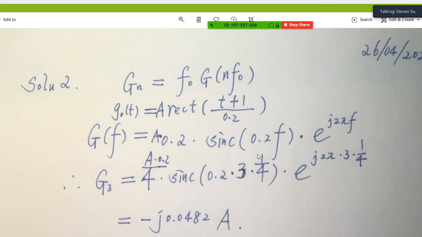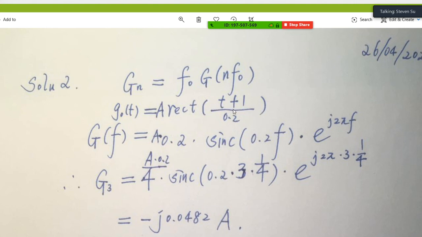This is the frequency, and then for the sinc, f is also 3 times fs, right? So in that case, you just put in G and f0, and then you can easily get minus j 0.0482 times A. So it's the same as the previous result, but this is a little simpler. No need to do integration. You can directly use the property of the Fourier transform to get this result.